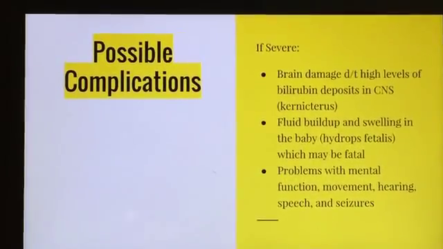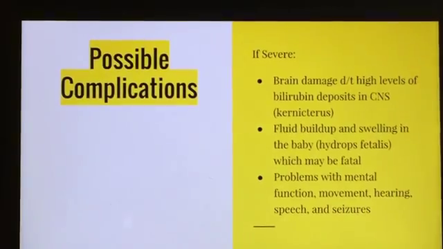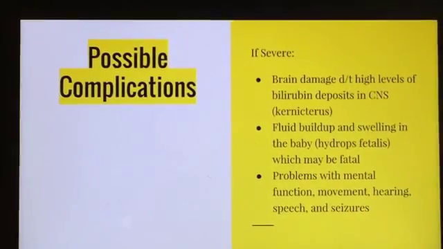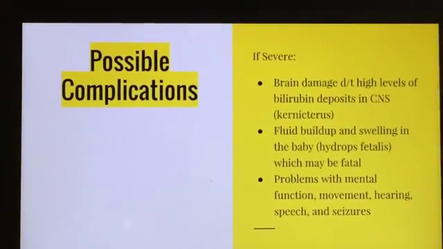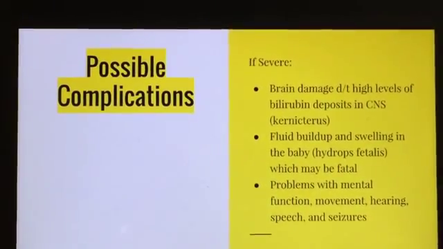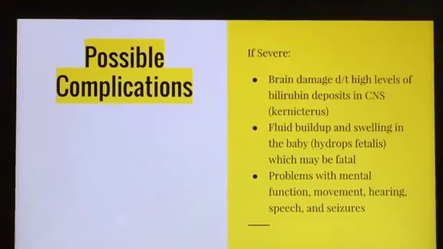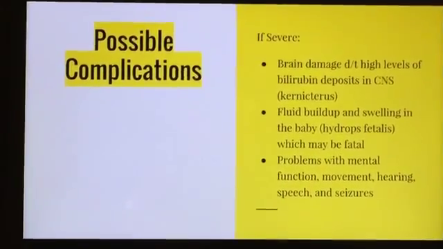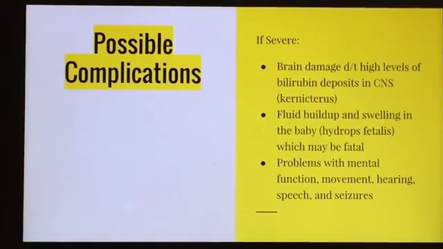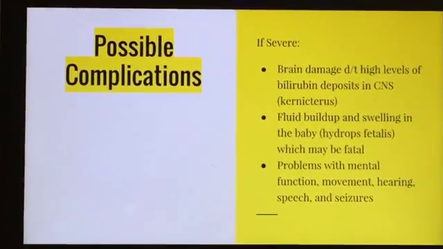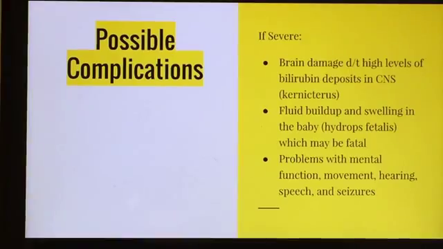If they are severe, these complications, as we call them, of Rh incompatibility can be as severe as fatality or loss of function. So some of the loss of function can include brain damage, and basically that's the high levels of bilirubin deposit in the CNS tissues, and that causes the effects.